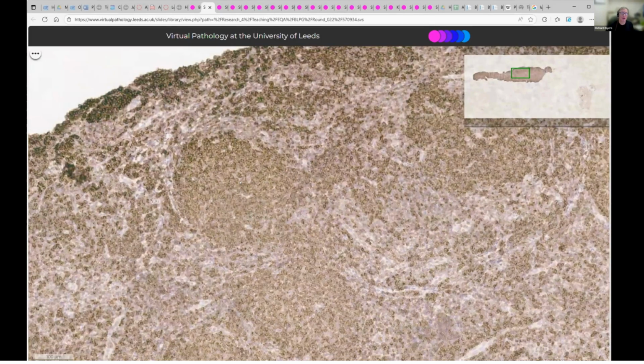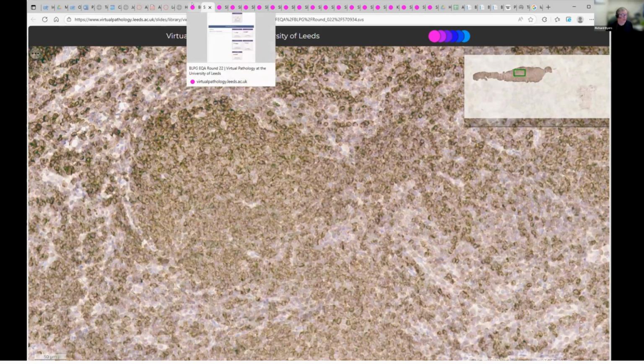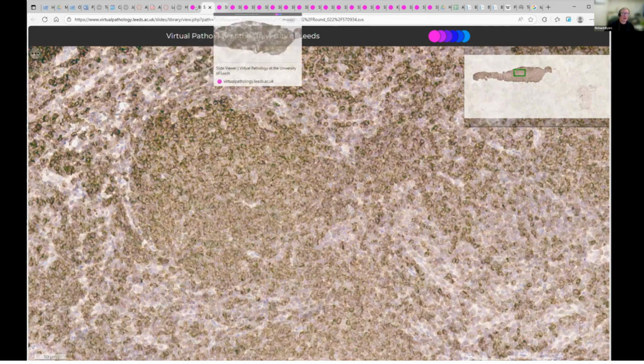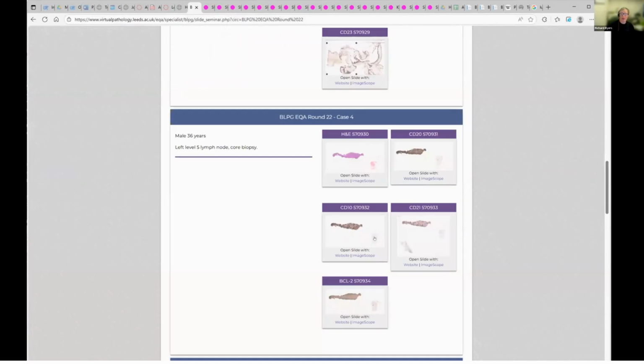So a combination of CD10, CD20, and BCL2 is always follicular. Though you could probably do it on the basis of the CD20 and the CD10, because you're seeing the CD10 in the interfollicular zones, which is not normal, because CD10 is a follicular marker. So in a normal node, I don't know if they've given the control here.